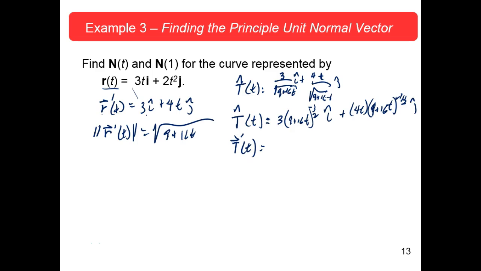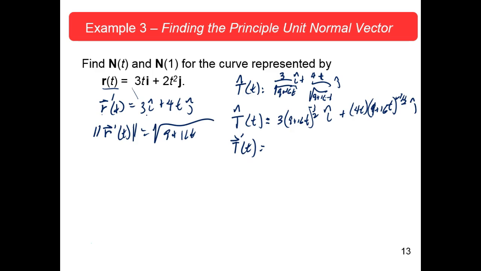Now, take the derivative of that first term. Not that hard. What is it? Power rule, right? With the chain rule. What would that be? Help me out. Okay.